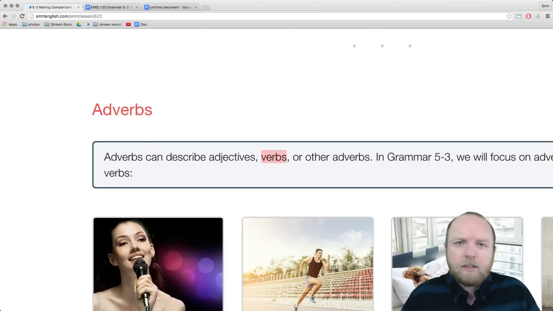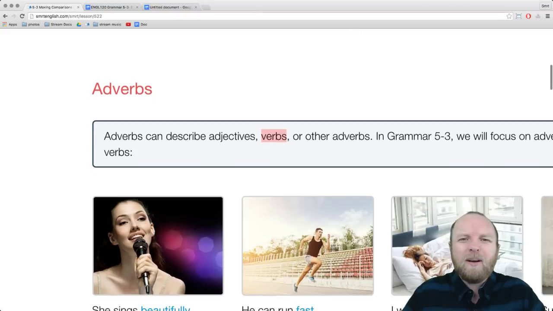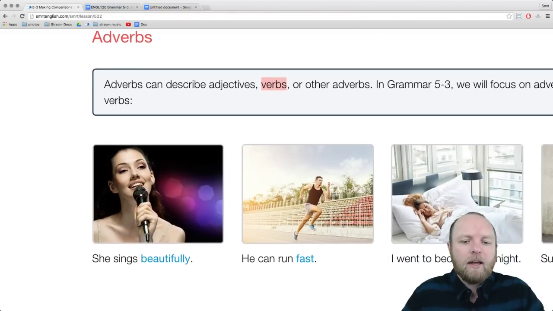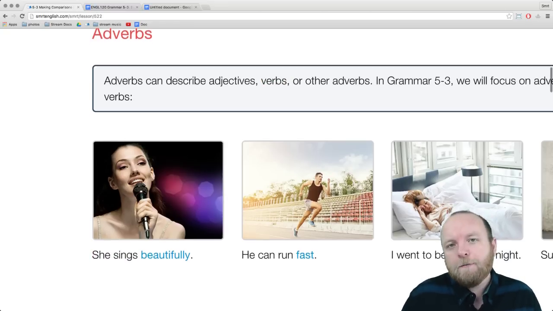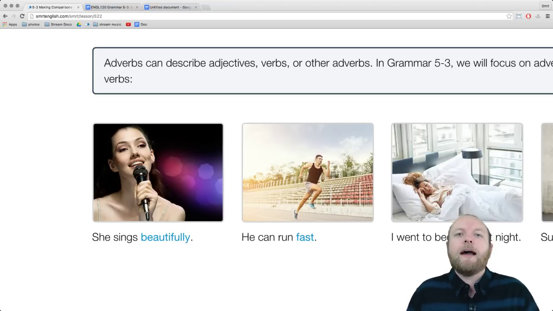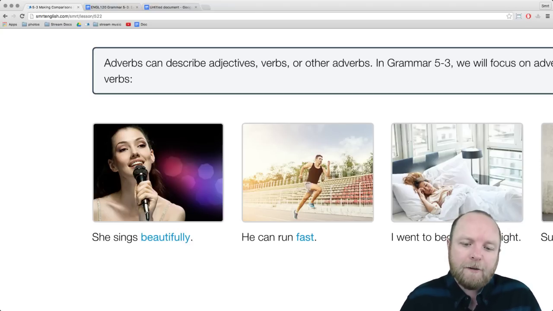So what am I talking about? Well, okay, look at this example. She sings beautifully. Beautifully is an adverb, and it's describing the verb sing.